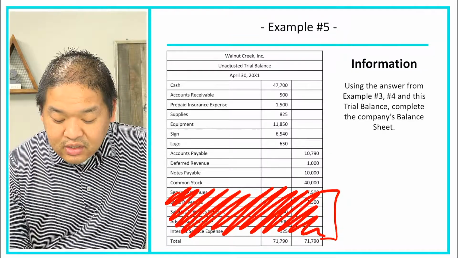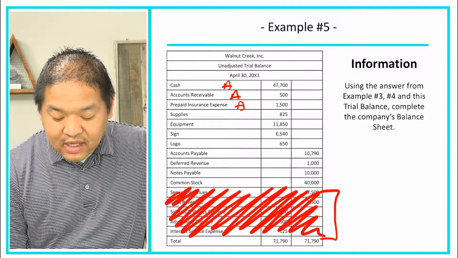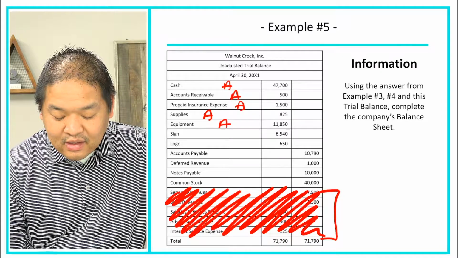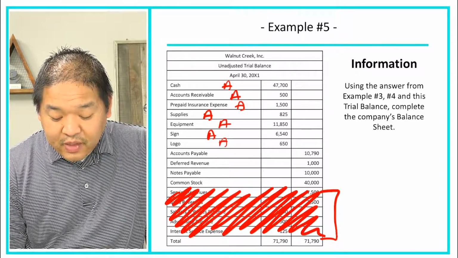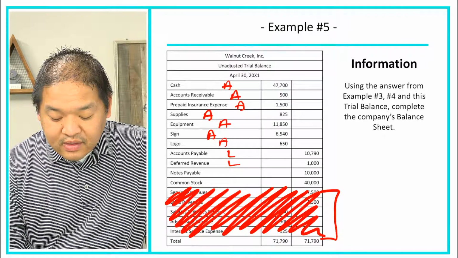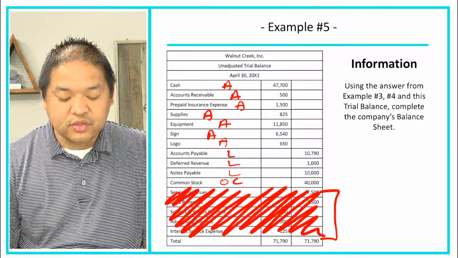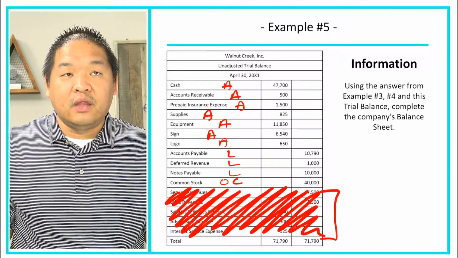So cash, asset; accounts receivable, asset; prepaid insurance expense, asset; supplies, asset; equipment, asset; sign, asset; logo, asset; accounts payable, liabilities; deferred revenue, liabilities; notes payable, liabilities; common stock, owner's capital. So now that I've done that, I know where they're going to go on the balance sheet.